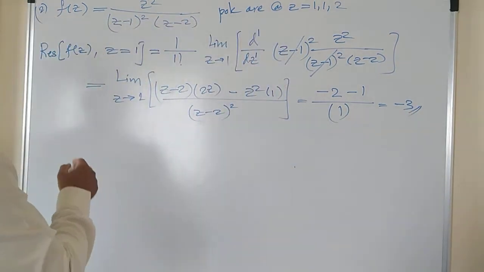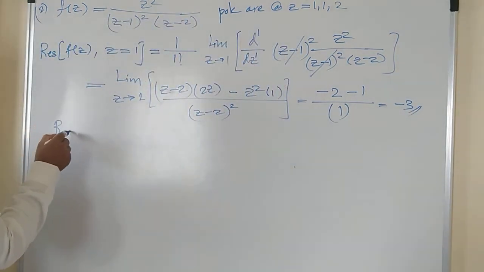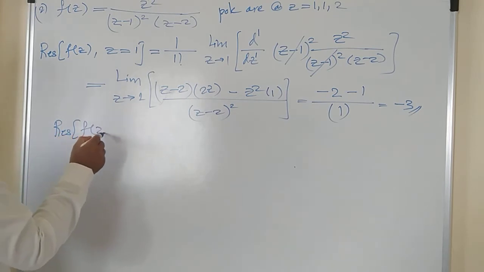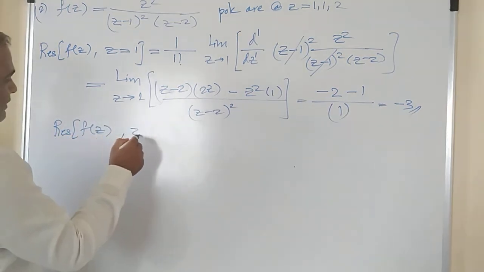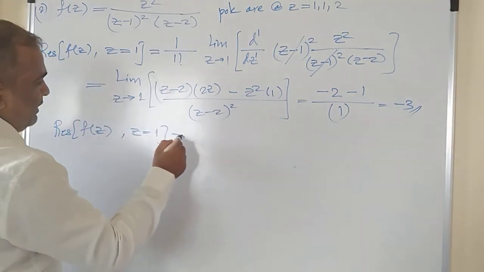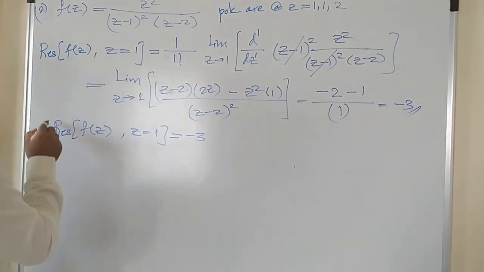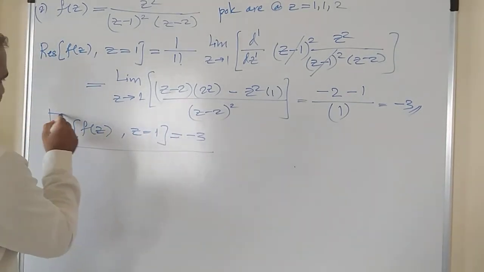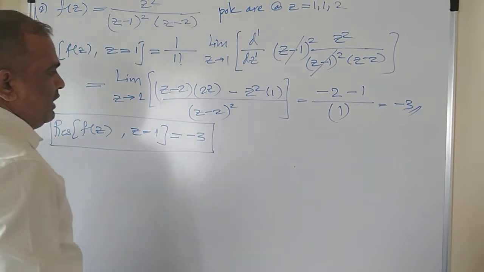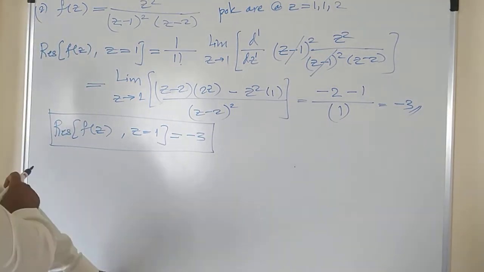So the residue of this function f of z at z equals 1 is equal to minus 3, right? So I hope you have understood this problem.